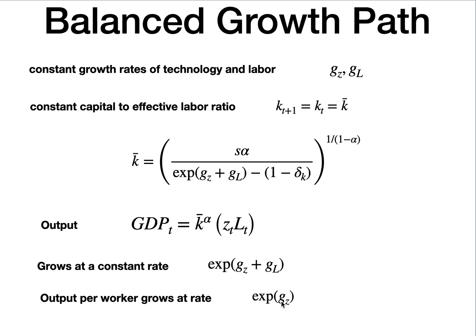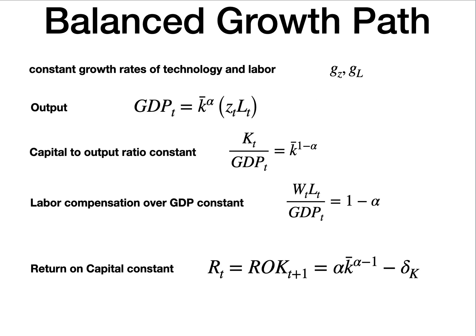So remember, we said a stylized fact was that for a long time, output per person in the United States grew at a constant rate. Well, we would model that by being on a balanced growth path with a constant growth rate of technology.